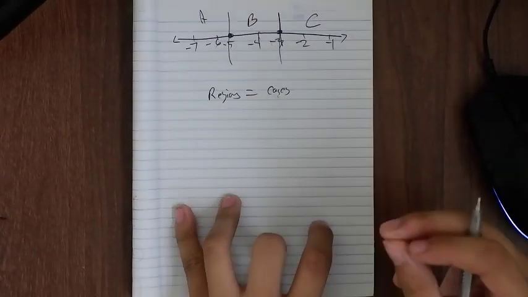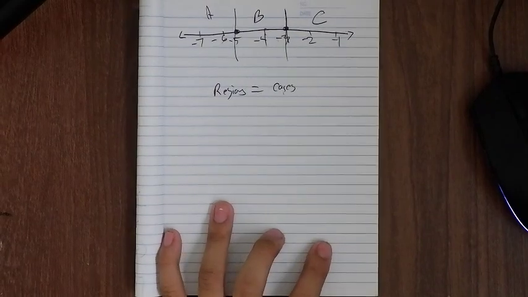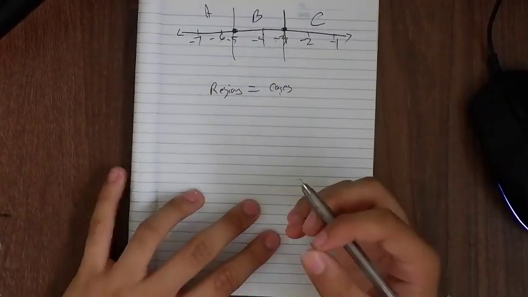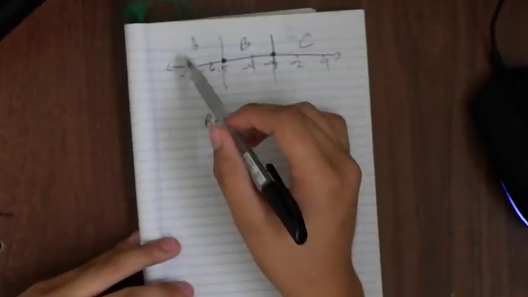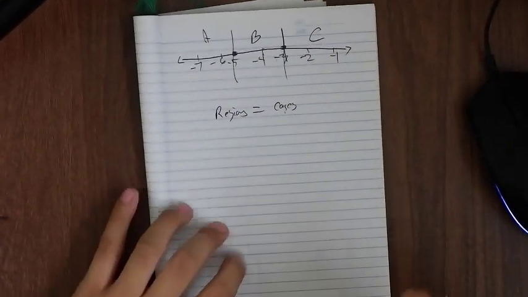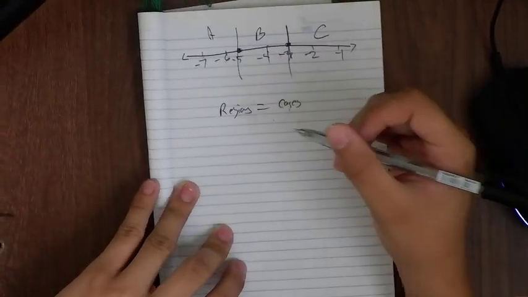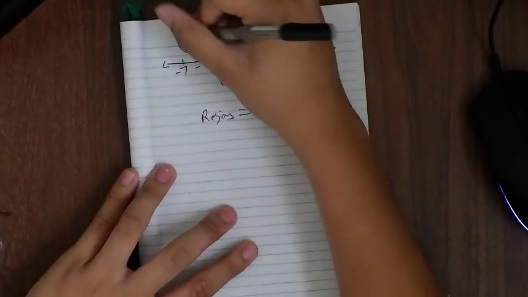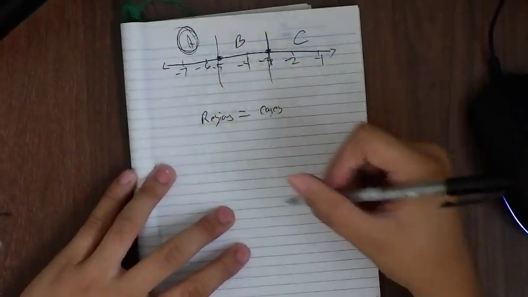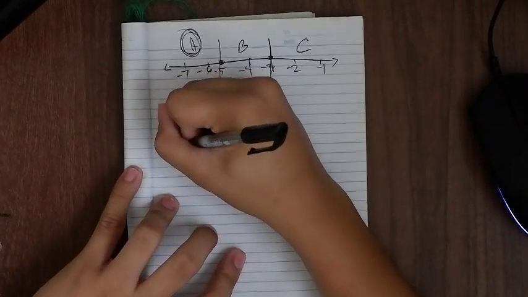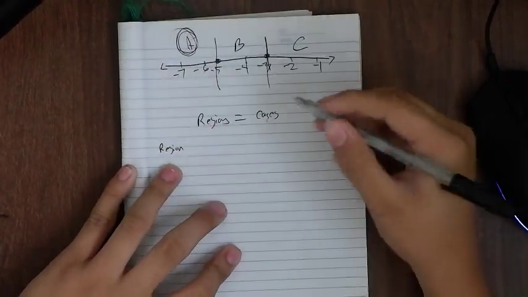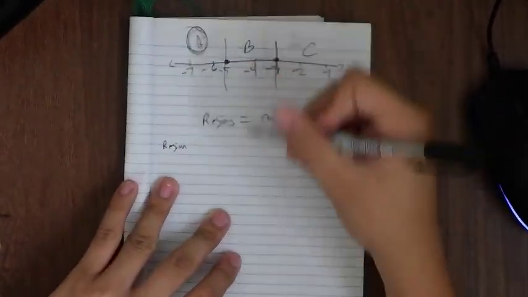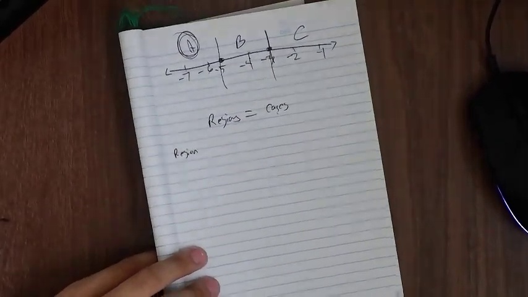So, the next thing we are going to do is describe the numbers inside a region. Let's say A. We'll start with region A. In region A, we see that it is greater than negative infinity.